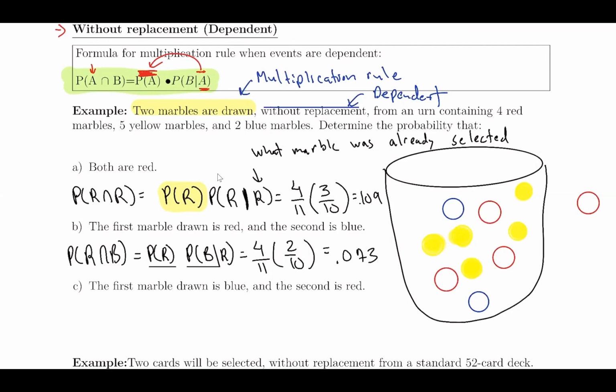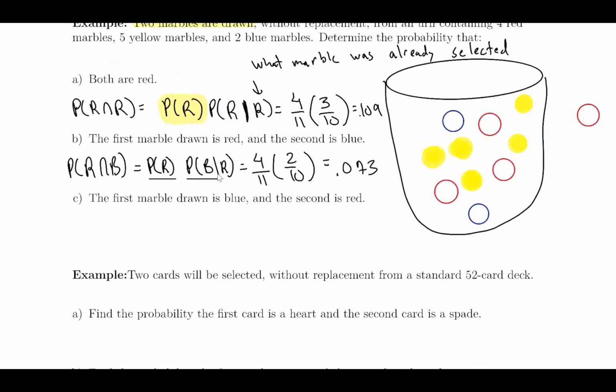Any question for B? All right, let's do C. So the C said the first marble drawn is blue and the second is red. So if you look at the difference between B and C, all that's happening, we're switching the order.